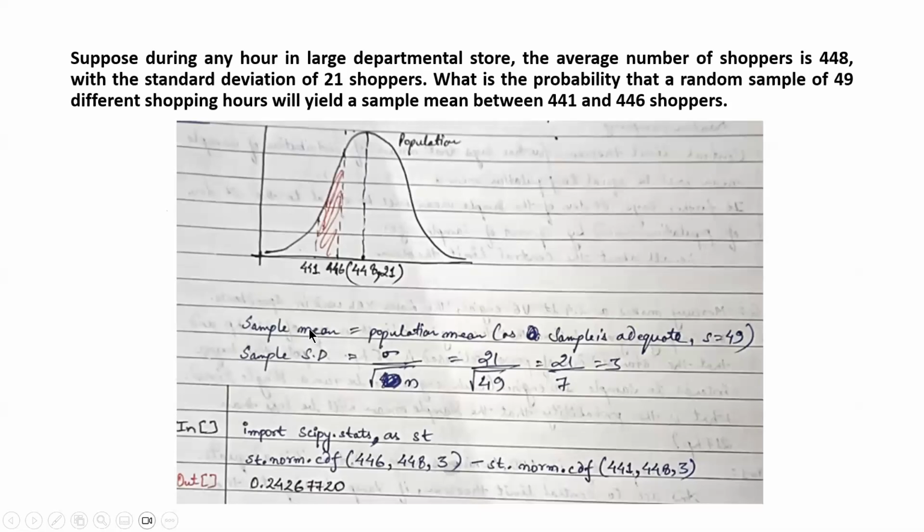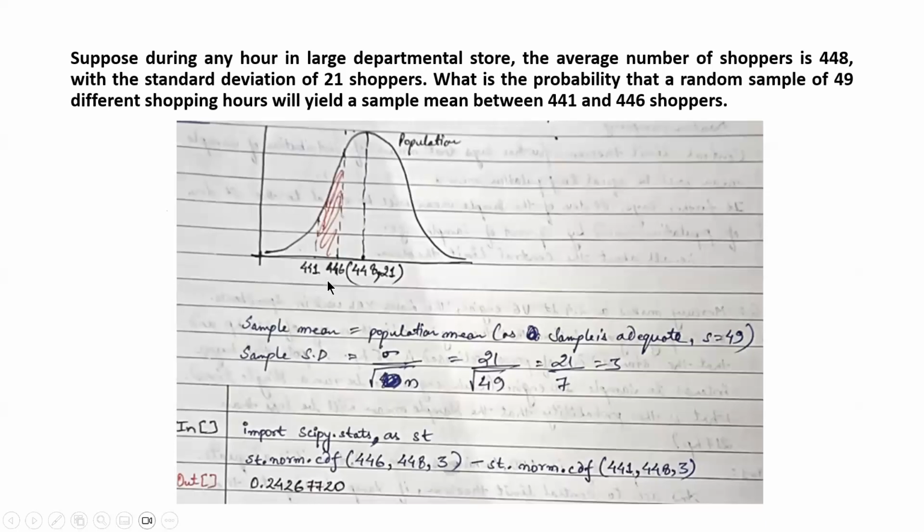So when we have the sample mean and sample standard deviation, we have to find the values between 441 and 446. Firstly, we will calculate the probability from the y-axis till 446. That will be my A. Then I will calculate the value from the y-axis to 441.